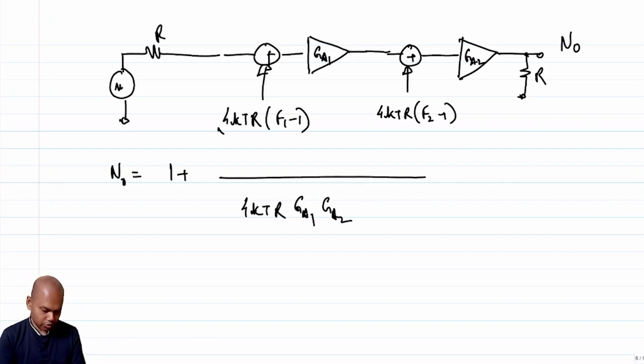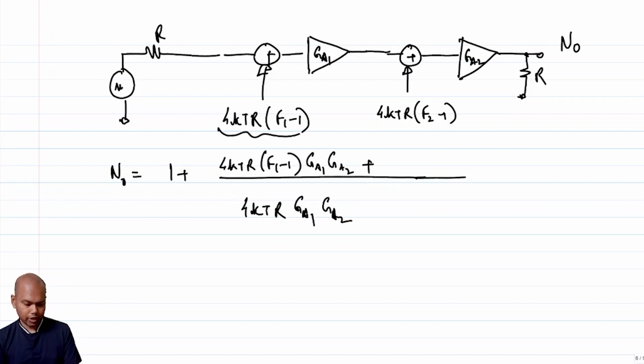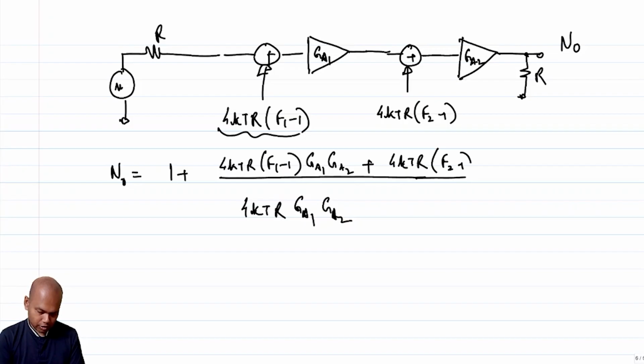The noise due to this stage is 4KTR (F1 minus 1) times GA1 times GA2, plus the noise due to the second stage, 4KTR (F2 minus 1) times GA2.